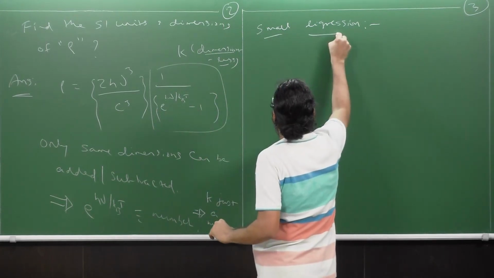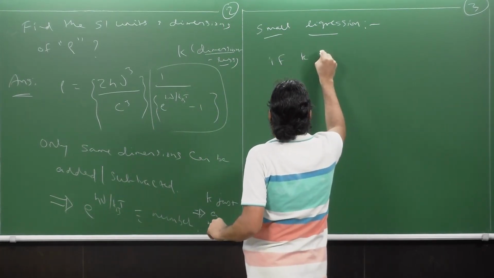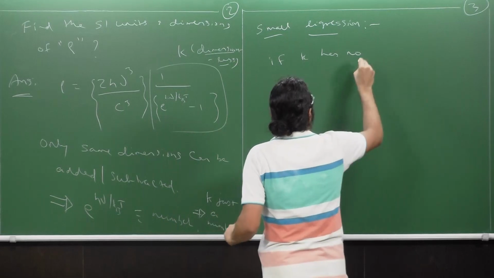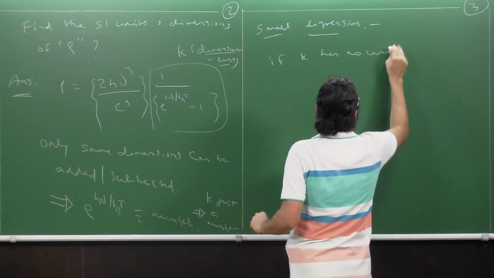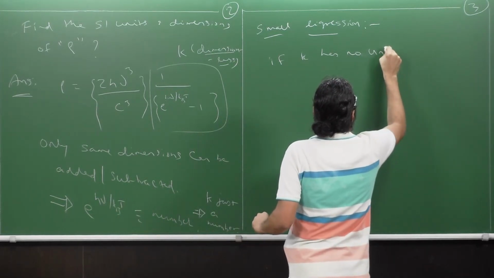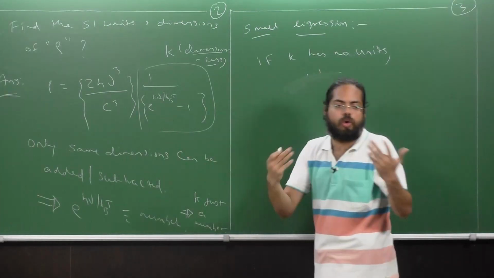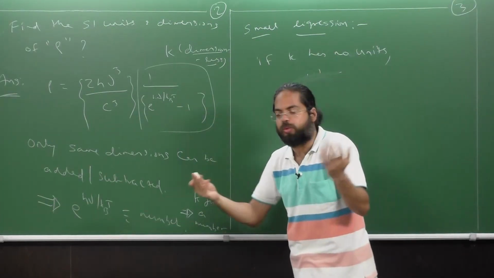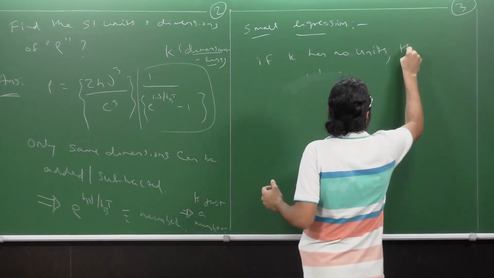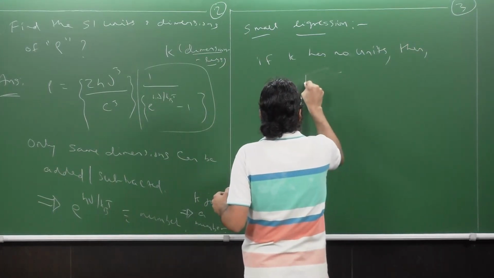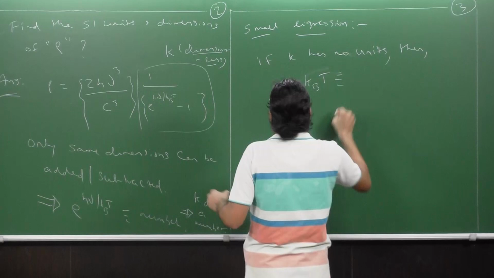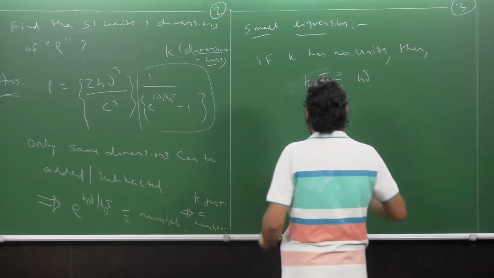If e to the power h nu over kBT has no units, then kBT should have the same units as h nu, correct?